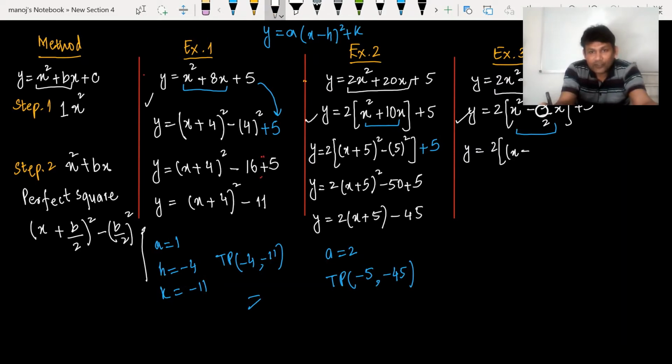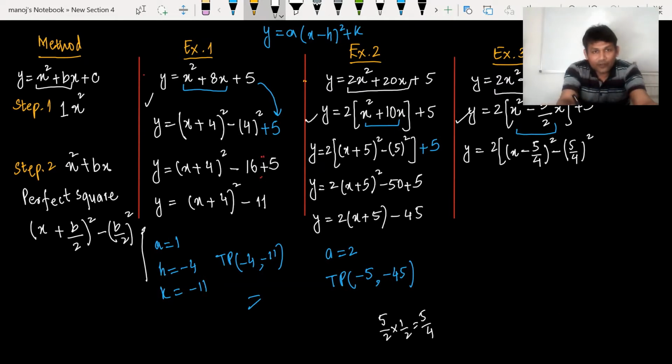What is half of 5 upon 2? Half of 5 upon 2 means 5 upon 4. It's very simple. So (5 upon 4) whole square. This will always remain negative, even if you have minus or plus, there is no problem.